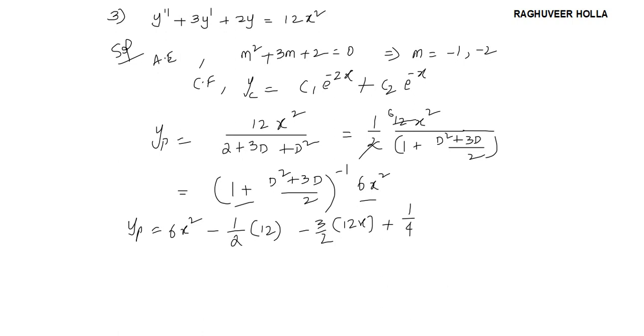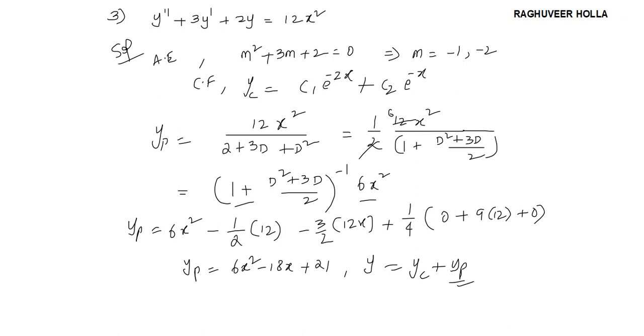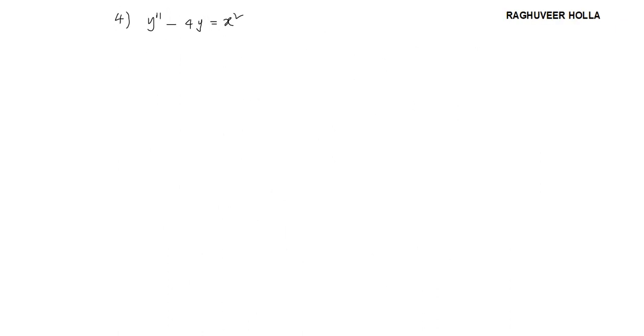Now that is multiplied with 0 plus 9 times of 12 plus 0. So let us further simplify it, and we'll get yp, which would be 6x square minus 18x plus 21. So we get y is equal to yc plus yp. So hence we got this result. Let us move on to the next problem.